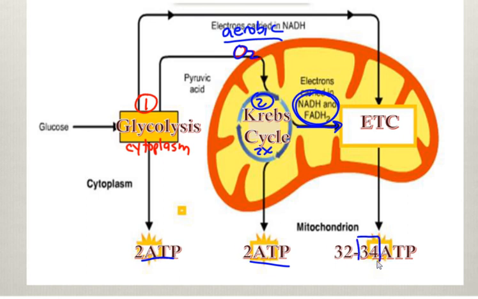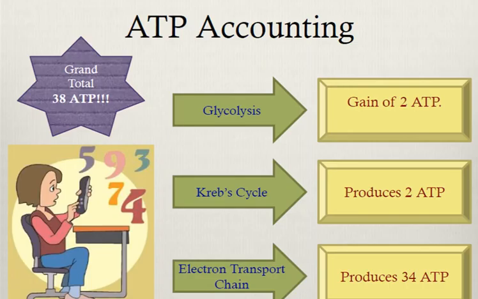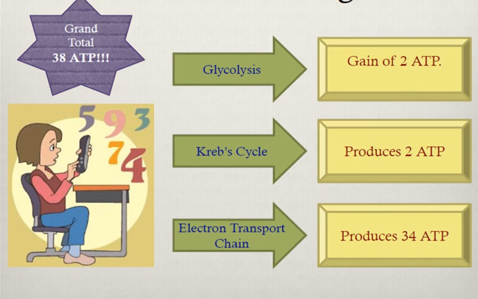We are focusing on the electron transport chain, forming 34 ATP. So we got 2, 2, and 34. I like to write the Krebs cycle as a 1 plus 1, just to remind yourself that this happens 2 times since we have 2 pyruvate. But 38 ATP per glucose.